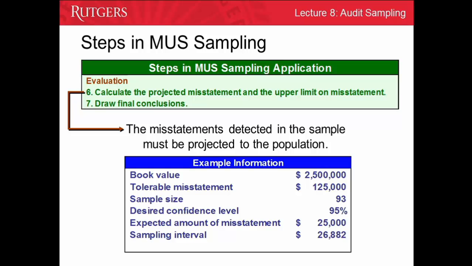The projection of the errors to the population is referred to as a projected misstatement. The auditor calculates an allowance for sampling risk and adds it to the projected misstatement. The total of the projected misstatements and allowance for sampling risk is referred to as the upper misstatement limit.